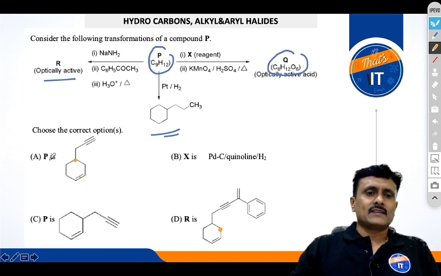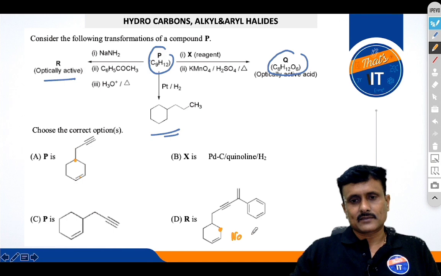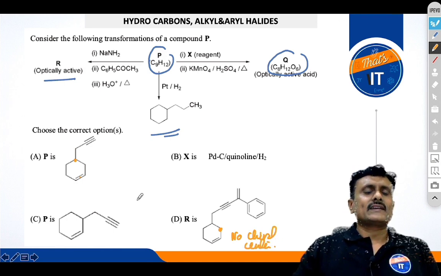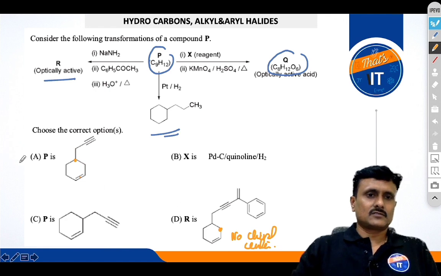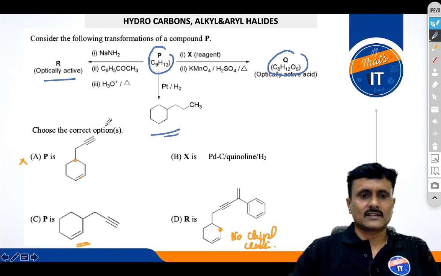So if P is the right answer, then R also should match it. But you can see R is not optically active. There is no chiral center present, isn't it? So I can say confidently that this is not P. Then I have only one choice of taking this as P. So I'll proceed with that, right? I'll take this as P and I'll carry out certain reactions on that.